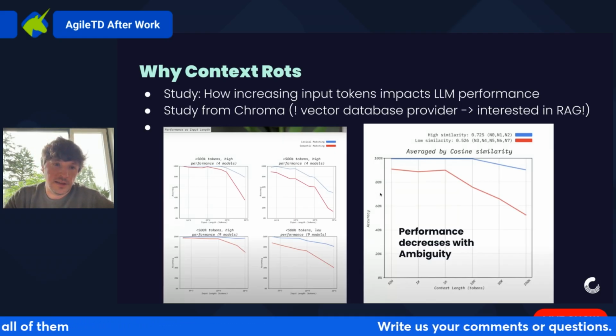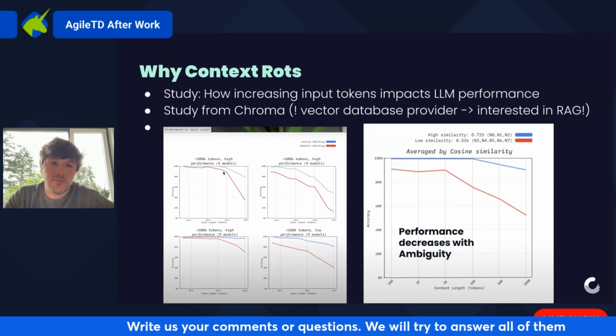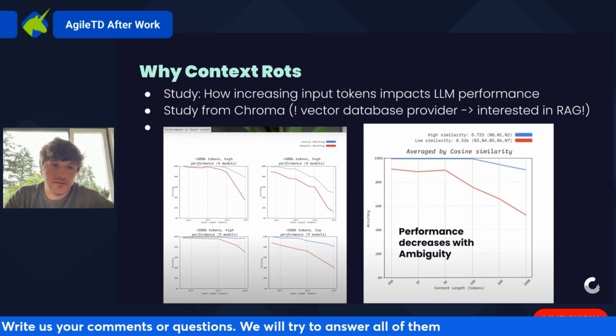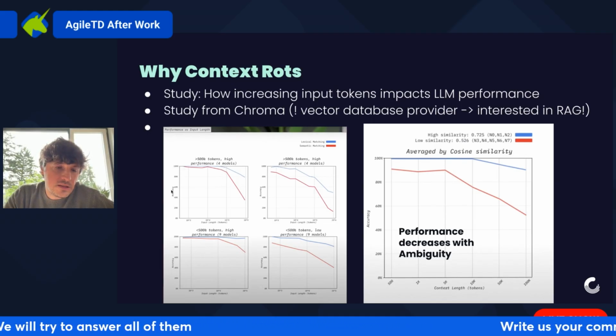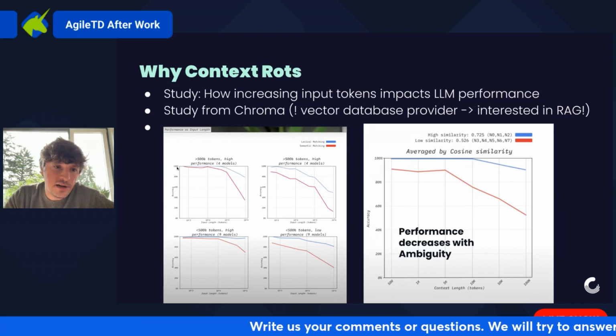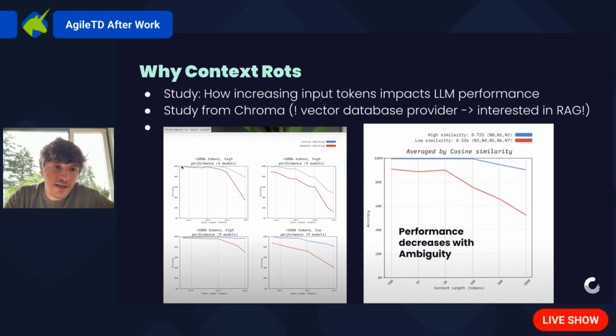And here you can see different graphs. We will not go into detail. If you have questions later on, we can go into more details. But basically, you see accuracy on the y-axis, and it starts with 100% accuracy, and then with increasing input length, so context tokens, the performance deteriorates a bit after a certain tipping point.